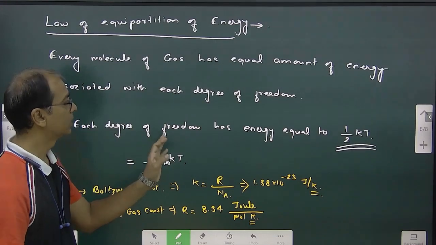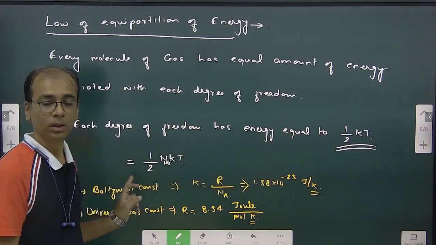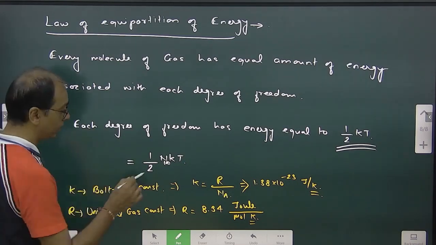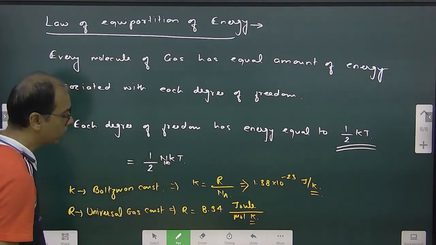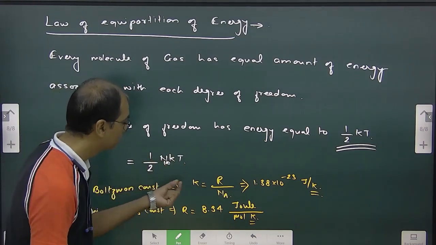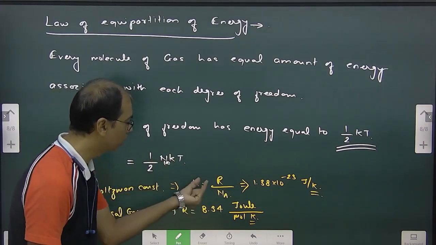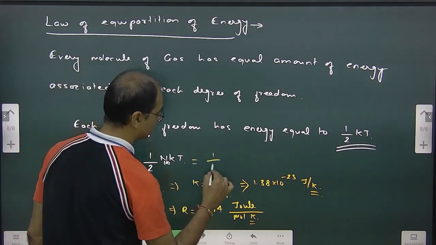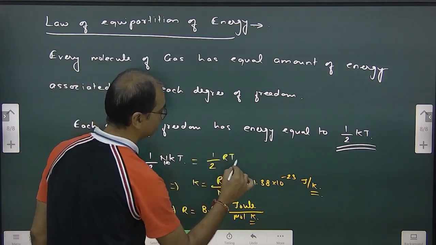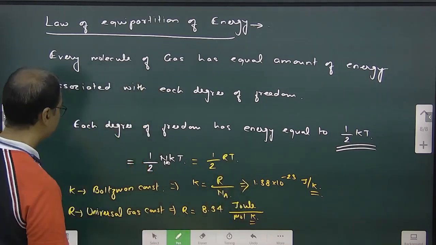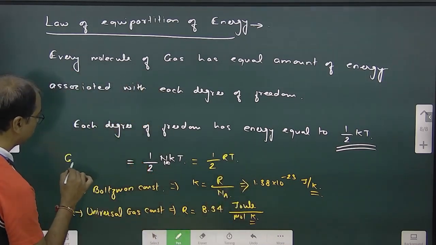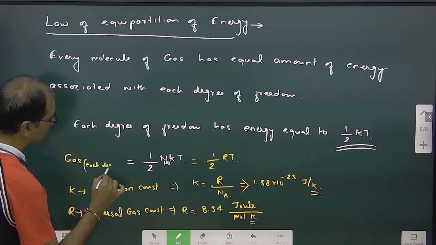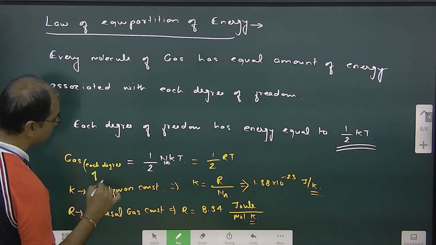Each degree of freedom has energy half kT. Then for the total gas, kinetic energy associated with each degree of freedom is half NkT. Now you can see that Na into k means what? R. So for gas, each degree of freedom has what energy?